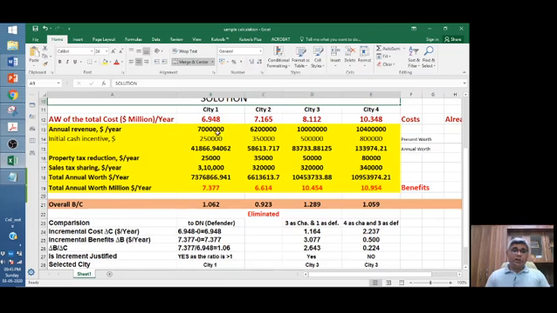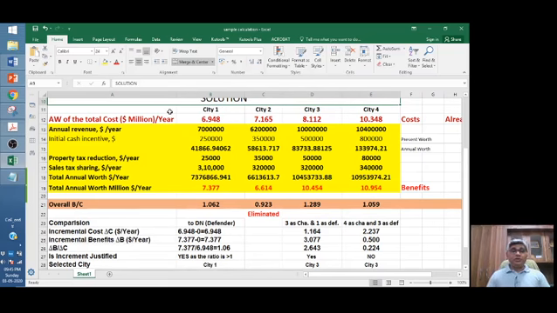We have another situation, which we call DN, if we don't install the project in any one of the cities. So while making the comparison for city 1, we are basically comparing the DN condition with city 1.